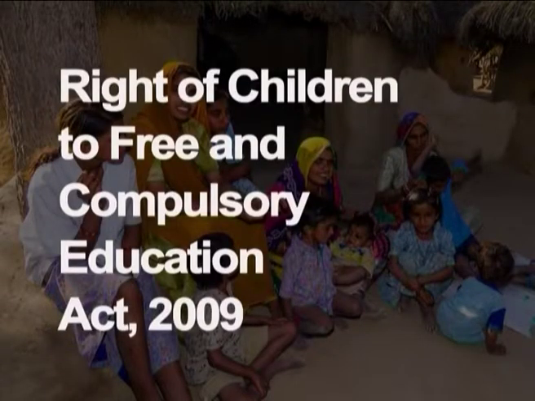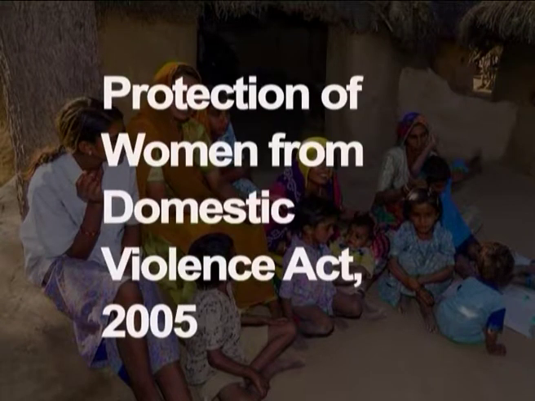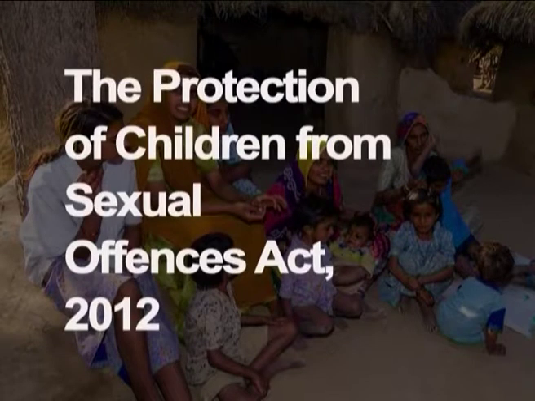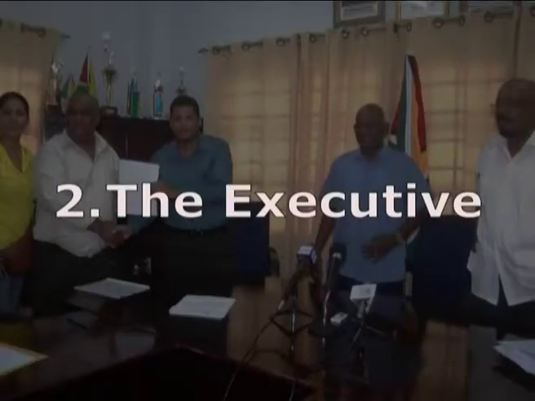Right of Children to Free and Compulsory Education Act 2009, Protection of Women from Domestic Violence Act 2005, Sexual Harassment of Women at Workplace (Prevention, Prohibition and Redressal) Act 2013, the Protection of Children from Sexual Offences Act 2012, etc. may be mentioned.